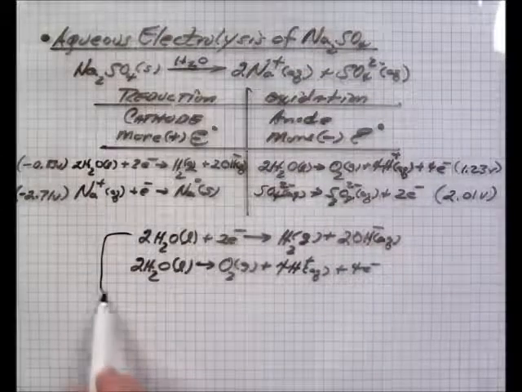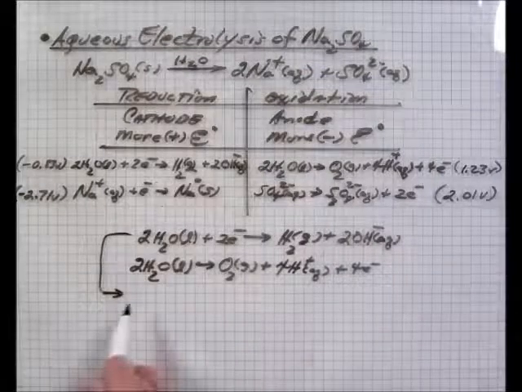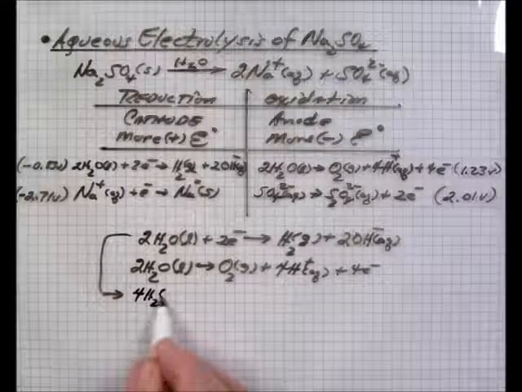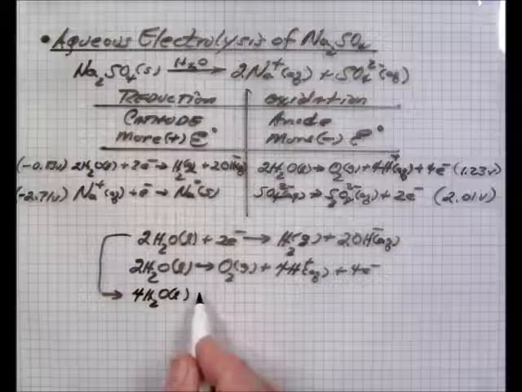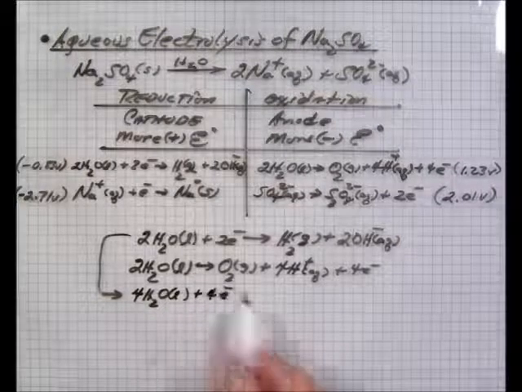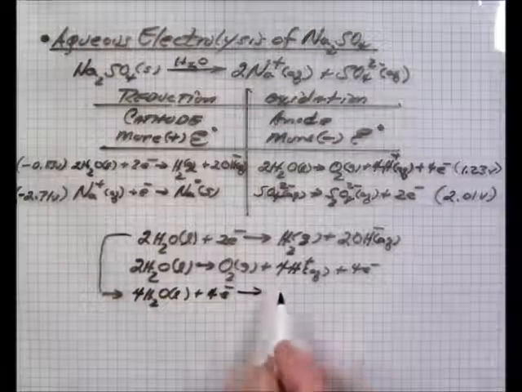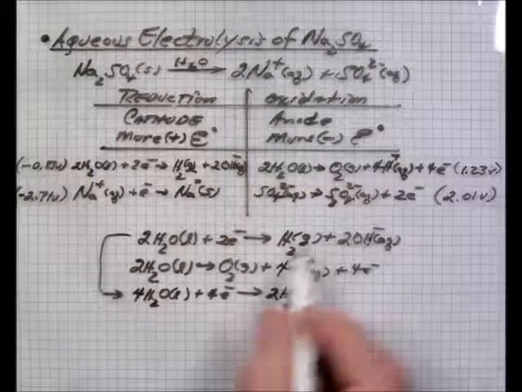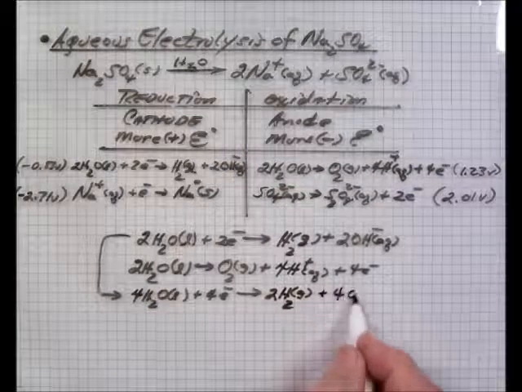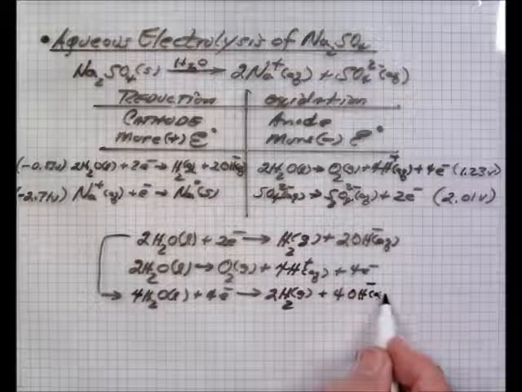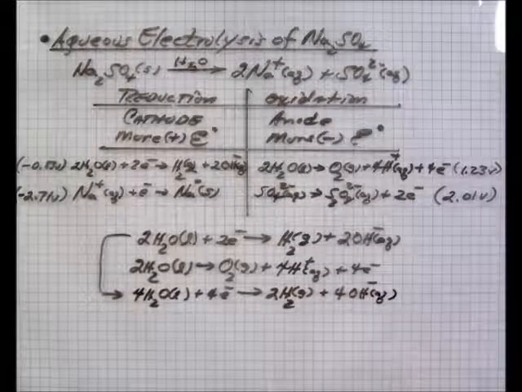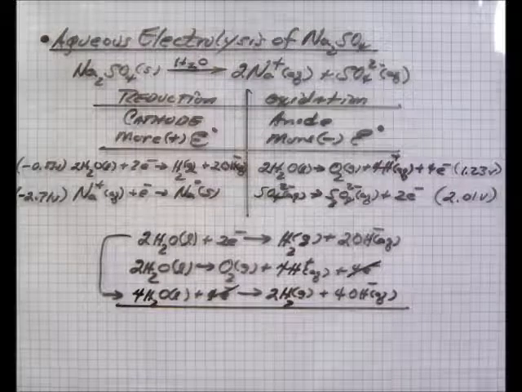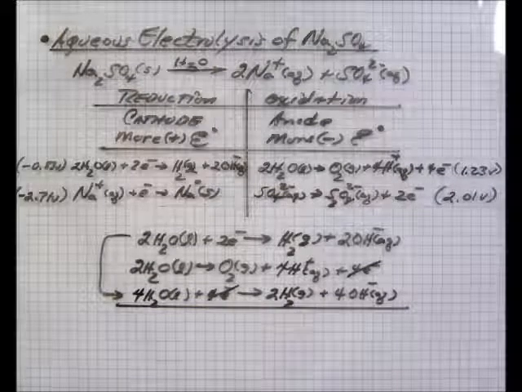So I'm just going to bring it down here to keep from scribbling all over the plate here. And so if we double, we get 4H2O liquid plus 4 electrons, and that goes to 2 moles of hydrogen gas and 4 moles of the hydroxide, like that. So first thing is we can cancel the charge of 4 electrons on each side.